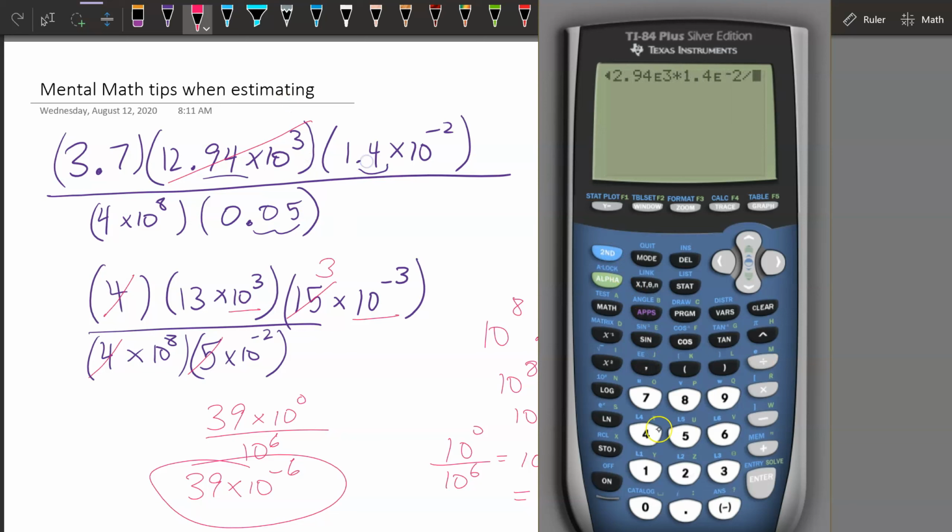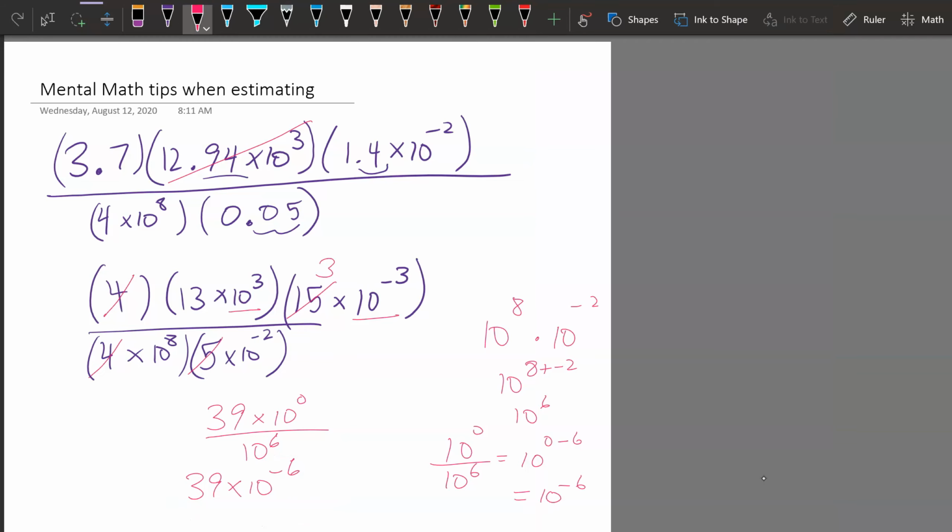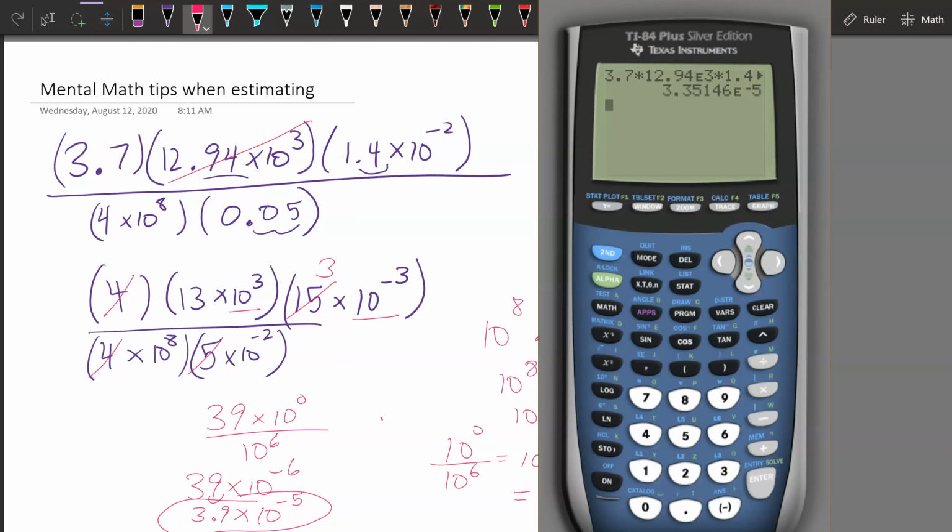I'm going to divide by 4 e to the 8, and then divide again by 0.05. What is this? 3.3 times 10 to the negative 5? Okay, well look at my answer. If I move the decimal, 3.9, and make this part smaller by a factor of 10 so I can make this part bigger by a factor of 10, that's 3.9 times 10 to the negative 5. The actual answer is 3.4 times 10 to the negative 5.